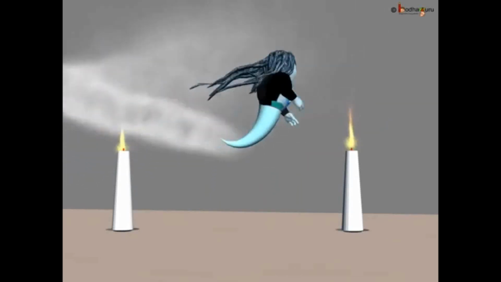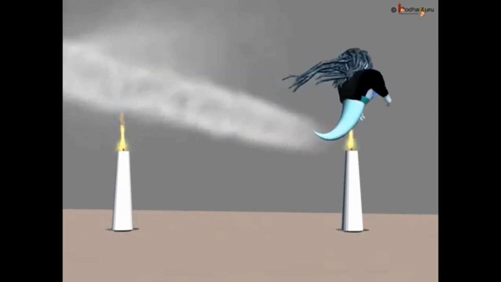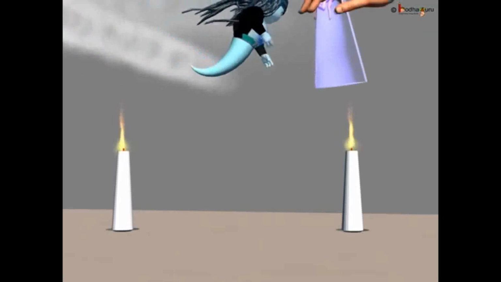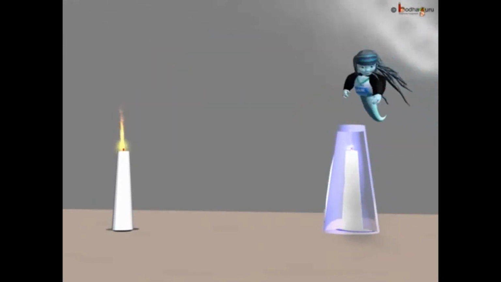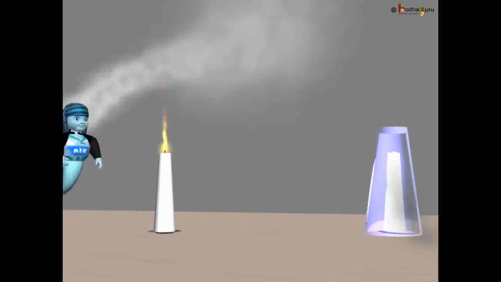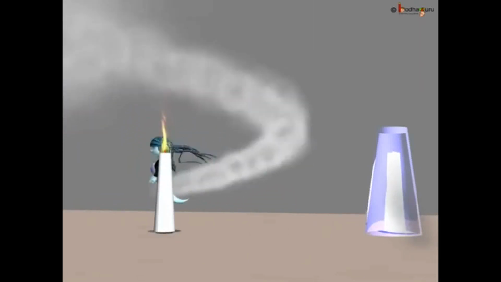Here we see the airman keeps encircling the candles and they continue to burn. When one of the candles is covered, the airman cannot reach the candle. When the limited oxygen in the jar is used up, the flame is put off.